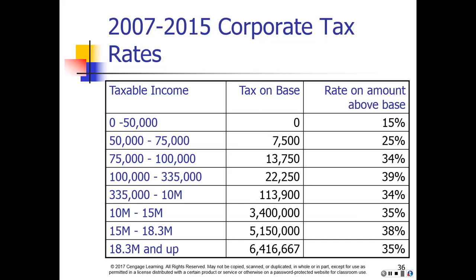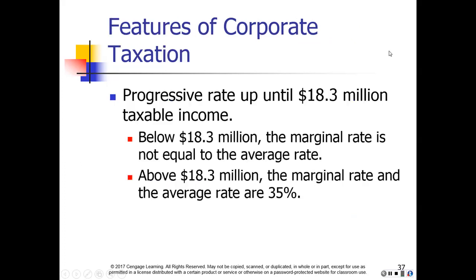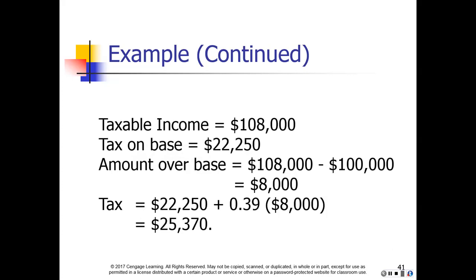And that's the tax liability on $108,000 of taxable income, right? So it's 25,370, right? So at this point, the marginal tax, the tax on the last dollar the company earned, actually the last $8,000 that the company earned, was 39%, right?